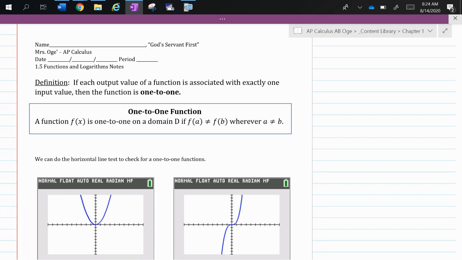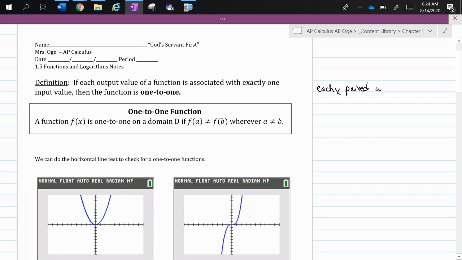So a function is one-to-one if f of a is not equal to f of b, wherever a is not equal to b. So in other words, what that is saying is that each x is paired with exactly one y. We'll call x the member of the domain, and the y the member of the range.